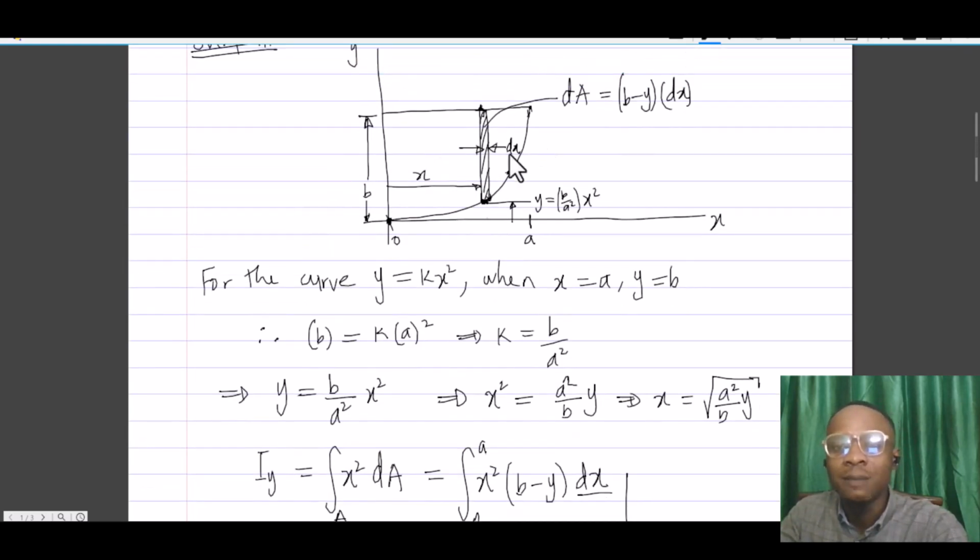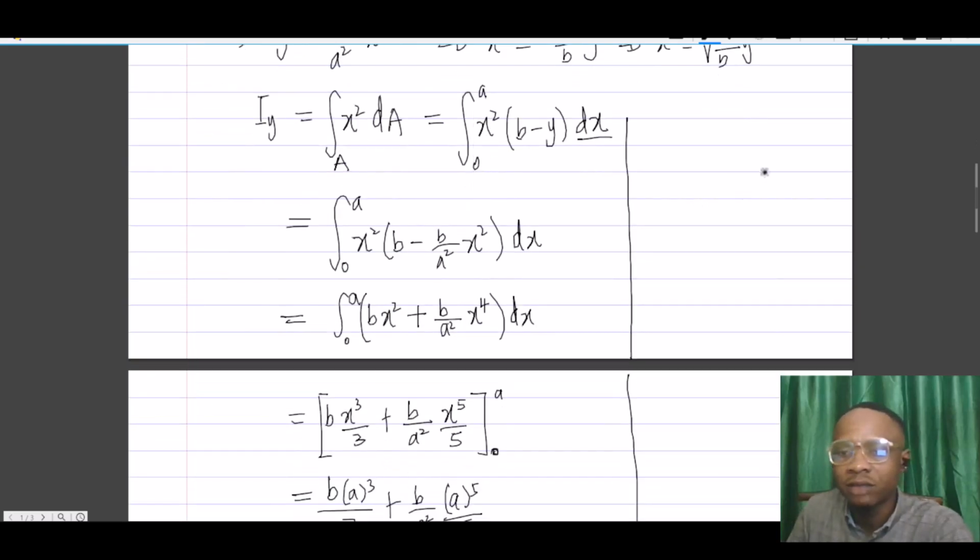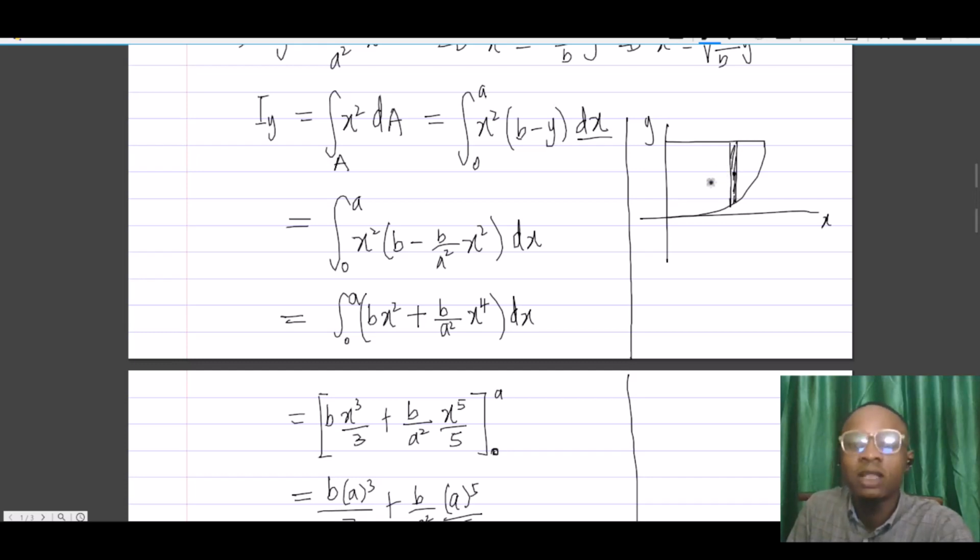Let me redraw that here so that we can easily refer to it. We have this elemental strip already, x and y, and we have a vertical strip. We know that this is approximated as a rectangle, so if we locate its own centroid, we can get its moment of inertia about this.